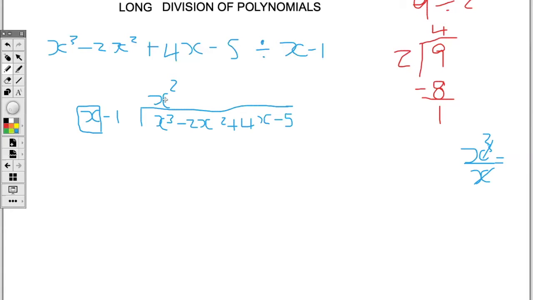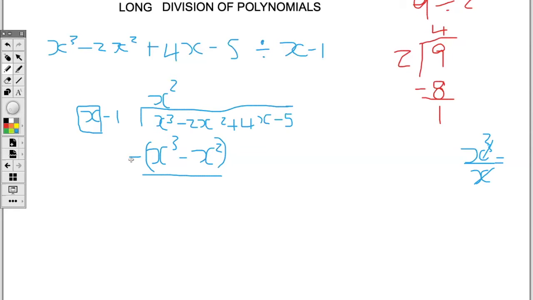Now we're going to multiply, so we have x squared times x. That will give us x cubed. Then x squared times negative 1, that's minus x squared. Now, just as before, when we say 4 times 2 gives us 8, we now subtract to get the remainder. So we will be subtracting here.